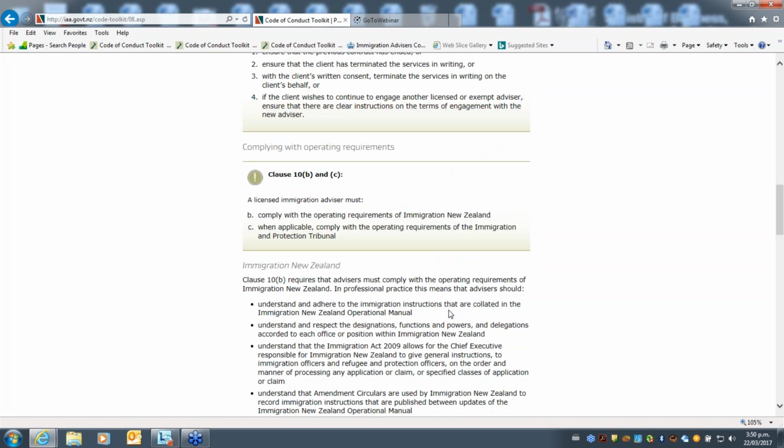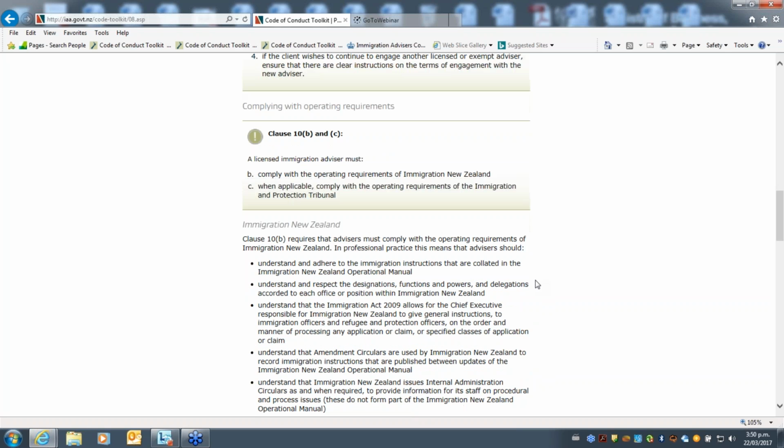So under clause 10B and C, you need to comply with the operating requirements of Immigration New Zealand and the IPT. So I think that's fairly self-explanatory. INZ and the IPT have their requirements, their instructions, and it's important that as a licensed advisor you are complying with those.